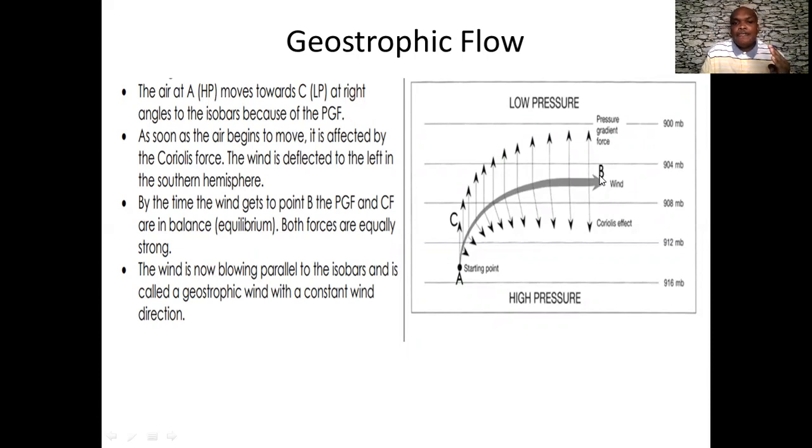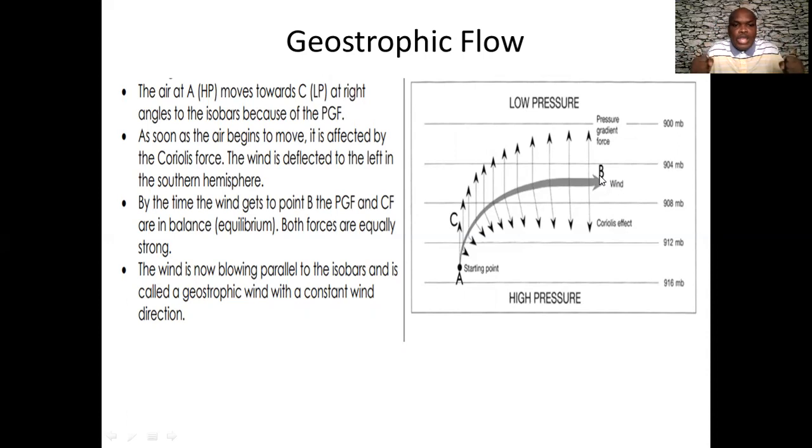Then the wind is deflected to the left in the southern hemisphere, because of the presence of the Coriolis force. By the time the winds get to point B, the pressure gradient force and the Coriolis force are in balance, or in equilibrium, which means both forces are equally strong.